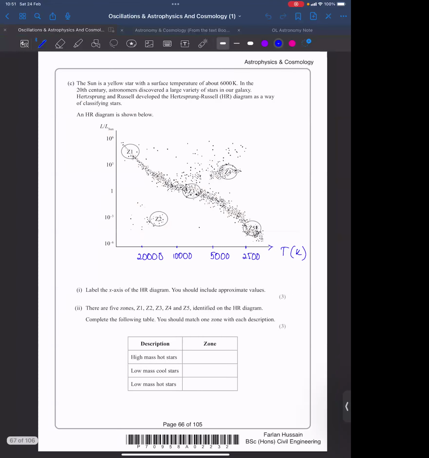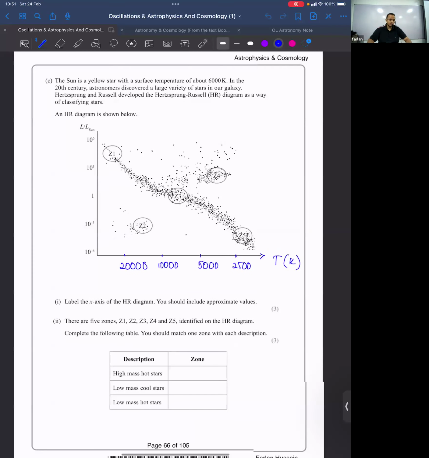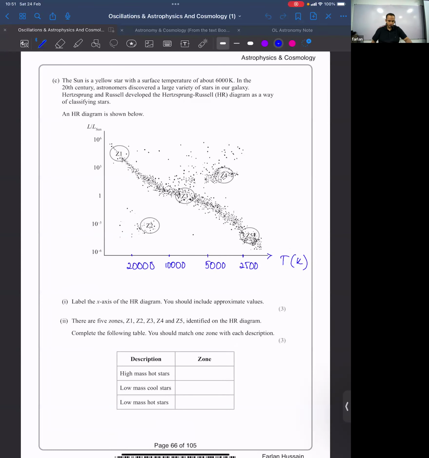The sun is a yellow star with a surface temperature of about 6,000 Kelvin. In the 20th century, astronomers discovered a large variety of stars in our galaxy. Hertzsprung and Russell developed the HR diagram as a way of classifying stars.